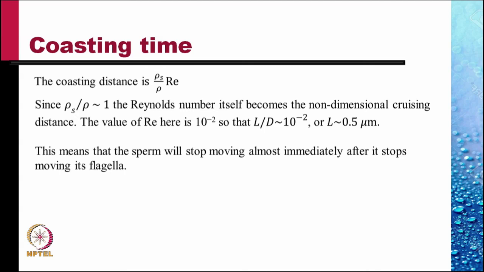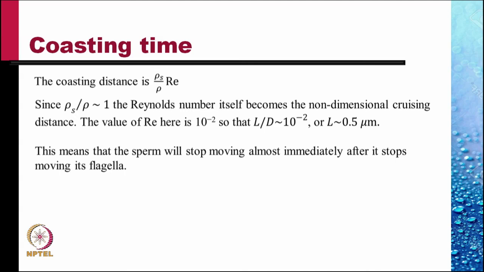The value of the Reynolds number here is 10 to the minus 2. So the value of L by d, the coasting distance divided by the diameter of the sperm, is 10 to the minus 2, or the coasting distance is about 0.5 micrometer.